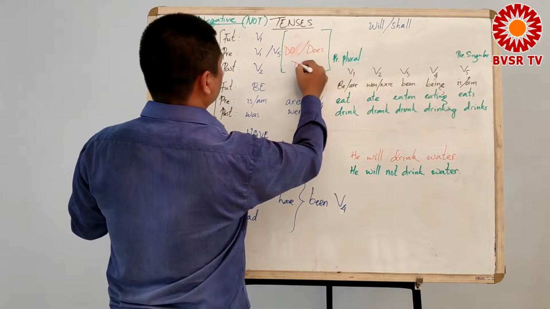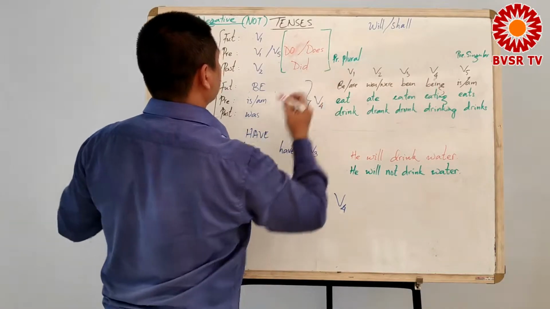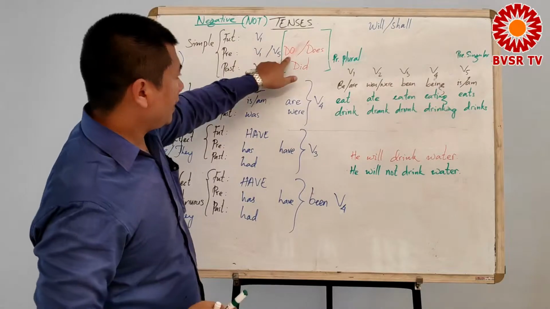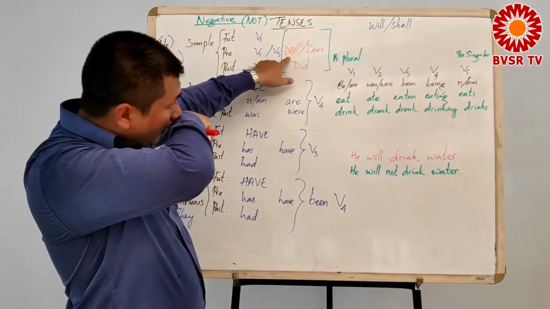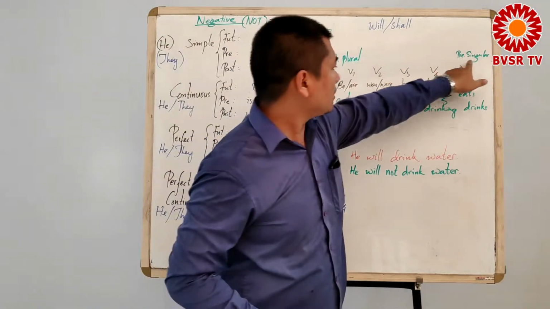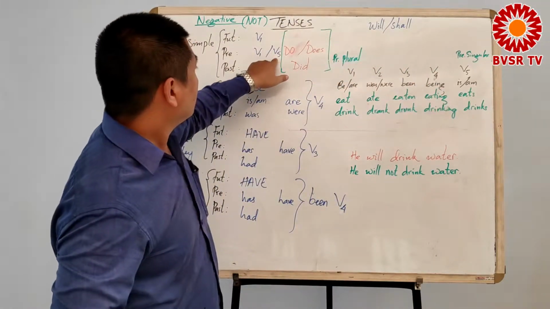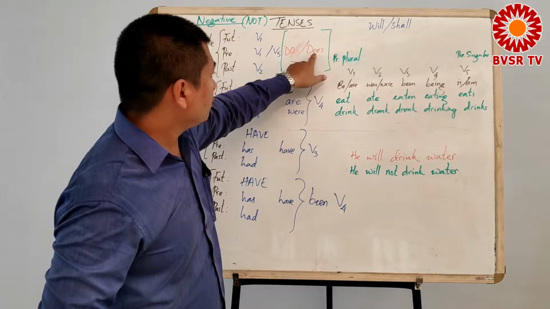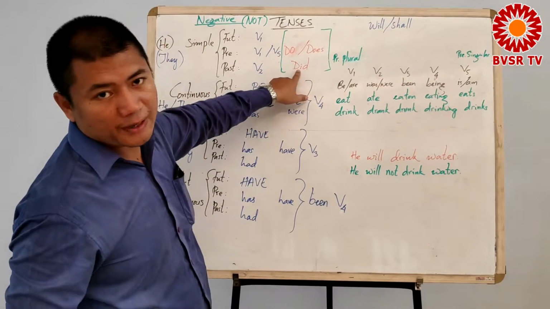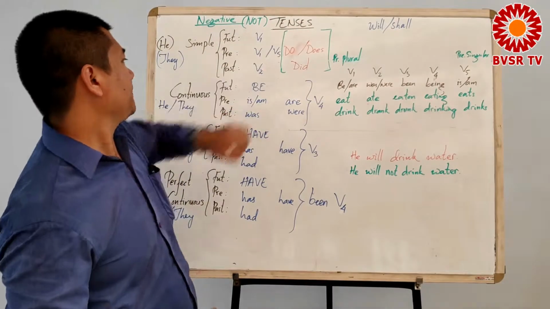In the past we use did. So V1 is plural and the plural of do will be do. V5 is the present singular, and the singular of do will be does, and in the past of do will be did.